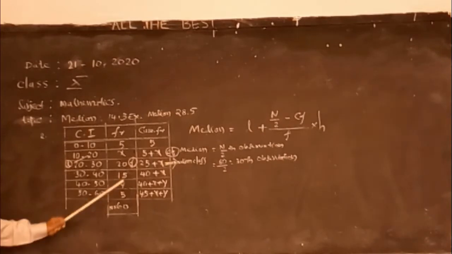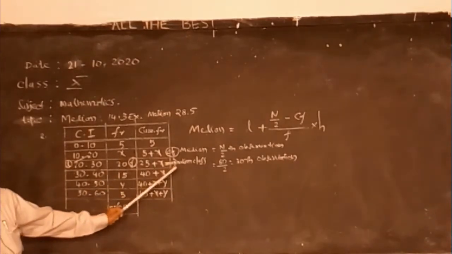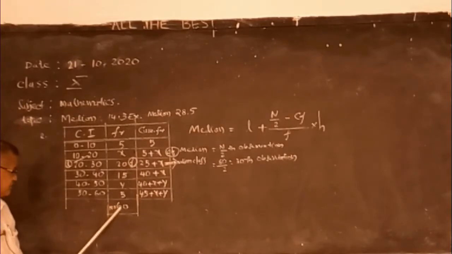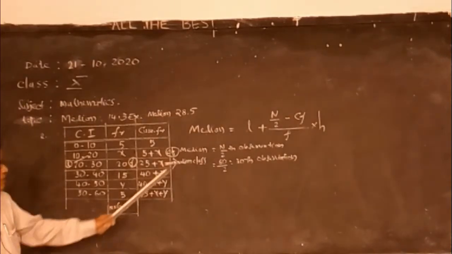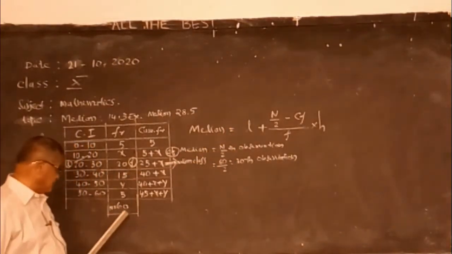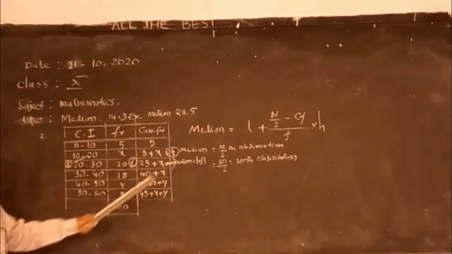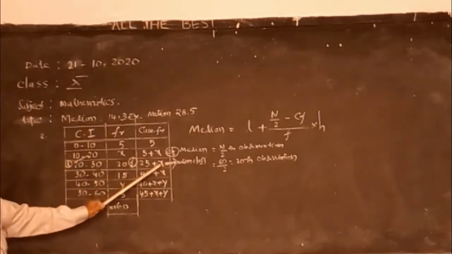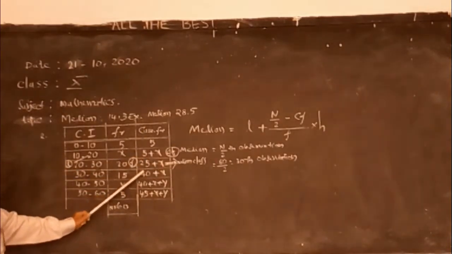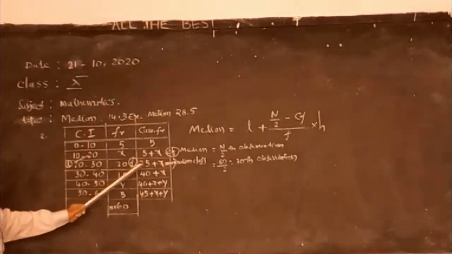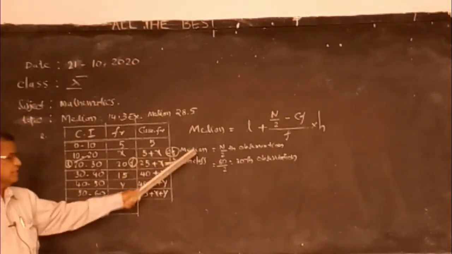First of all, we have to identify the median class. How to find it? Half of 60, N by 2, means 60 by 2, 30. The 30th observation is coming in this 25 plus x, after 5 plus x and before 40 plus x. So assume this is the median class.